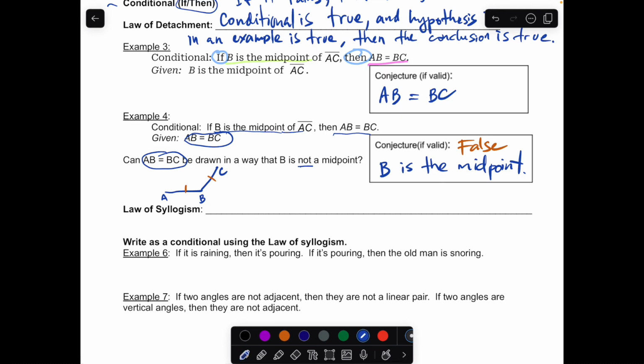So let's go on here to the law of syllogism. This is still deductive reasoning. But we infer the hypothesis and the conclusion.